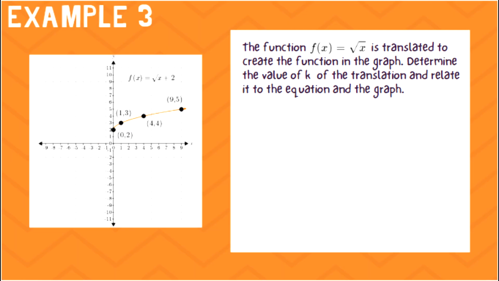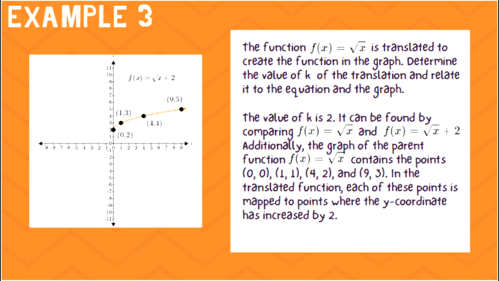Okay. Here's example 3. The function f of x is equal to the square root of x is translated to create the function in the graph. So we have a translated function here, and here is its formula. They didn't tell us over here. Determine the value of k of the translation and relate it to the equation on the graph. Well, the value of k is right there. It's +2. And it means that the graph shifted up 2 units from the parent formula, which is this.